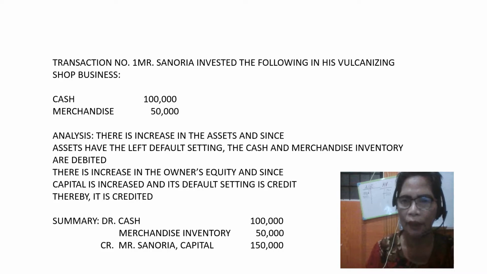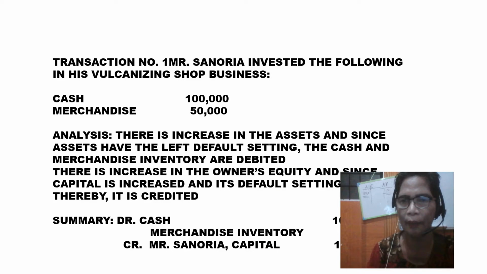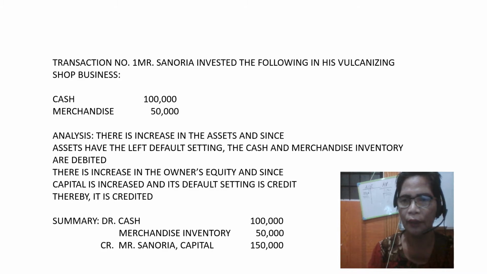If there is an increase of assets, and the default setting of the asset is debit, so we are going to debit the assets. So you have there the journal entries: debit cash and merchandise inventory with the corresponding amount. And of course, there's also an increase in the owner's equity in the form of capital.